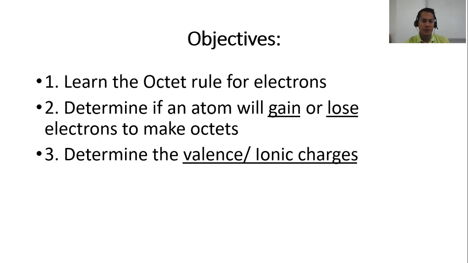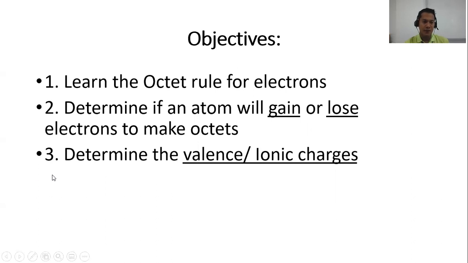So, our objectives today. First, we're going to learn about the Octet Rule for electrons. Second, determine if an atom will gain or lose electrons to make octets.